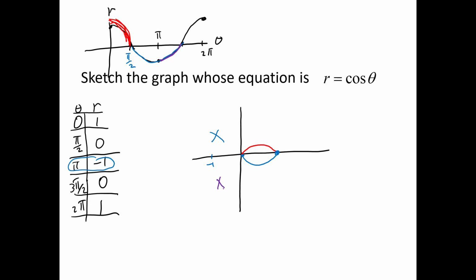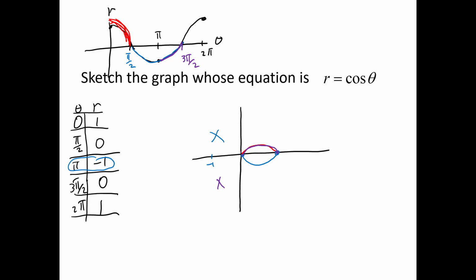But I'm not, because my r values are negative. So at pi, I'm right here. And then when I get to 3 pi over 2, I'm back at an r value of 0, so I'm tracing it out again in that direction.